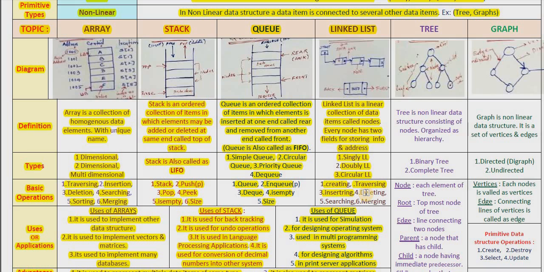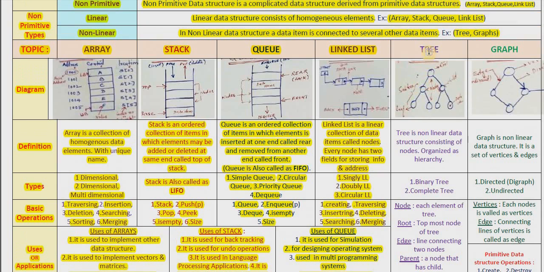In linked list we can add a new data item or node at the beginning, at the last, or at the center. Next, deleting operation will delete a node from the linked list. Next, searching operation will find the location of a particular data in the linked list. And the last one is merging, which means combining two or more nodes into a single node. This is called merging operation.